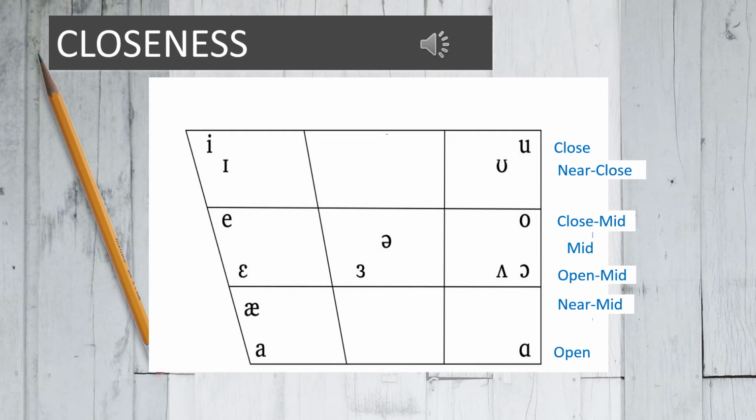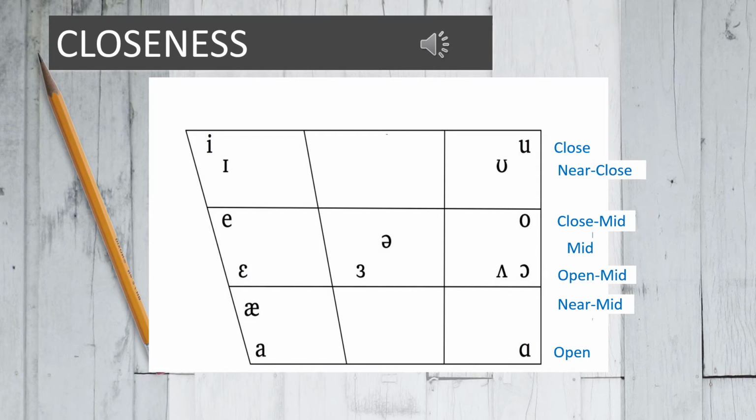Now, let me give you an example of what closeness is. First, close vowels, for example, beat and boot. And then near close, for example, bit and put. And then close mid, for example, bait and boat.